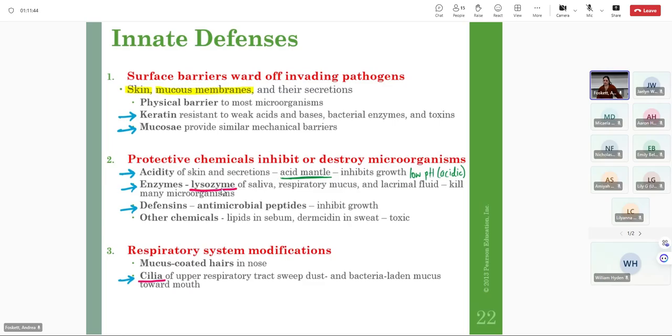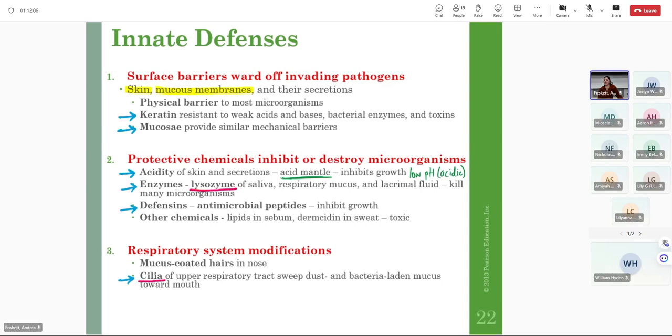Oh, it's right here: dermcidin, that's part of sweat. All of these are different enzymes and chemicals that play a role in, okay, it doesn't eliminate the target, but it slows it down. A lot of this is basically slowing it down until you get to your phagocytic cells, where they can eliminate the target.